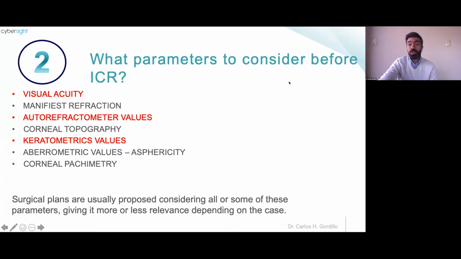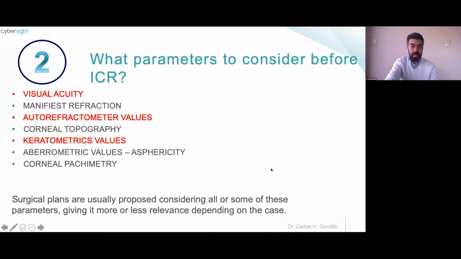So what to consider before the surgery? Again, the visual acuity, the manifest refraction, the values of the autorefractometer, the corneal topography is necessary to do the calculation, the keratometric values, and the barometric values, sphericity. There are some doctors that use the sphericity to make the calculations and some don't, but right now it's been really helpful.